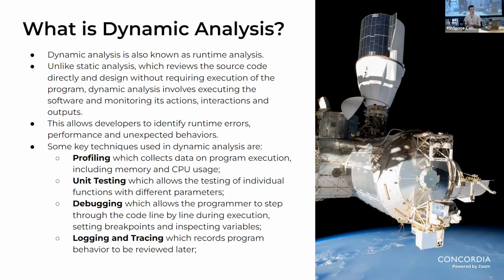So you can use different techniques such as profiling to collect data on the execution of your program. So that could be CPU usage, memory usage, all stuff like that. As an example, this could help you detect potential memory leaks. If you have a function, or a section of your code, that has very high CPU usage, maybe you can find a way to decrease that.